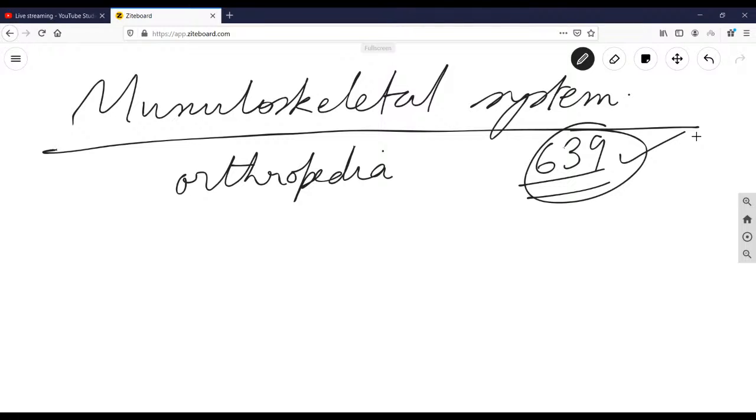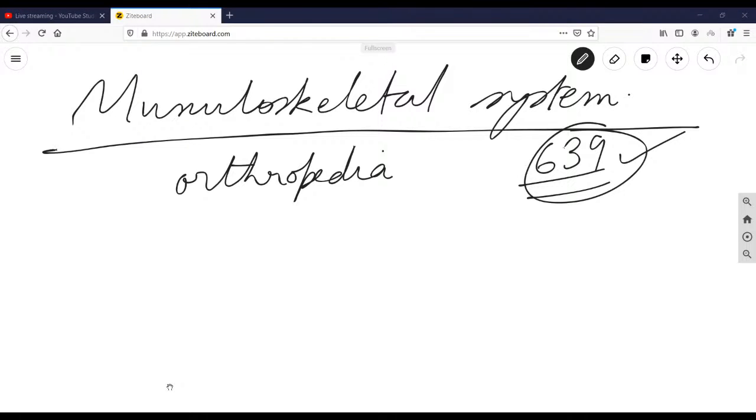There the tunica media is not there, but still it can dilate and constrict. But in the arterioles, up to the artery, you have the tunica media layer, meaning you have smooth muscles. So multiple smooth muscles are produced, and when you gain weight, you gain arterioles, so you gain smooth muscles. So 639 is only the number of skeletal muscles; no smooth muscle is included in that number.